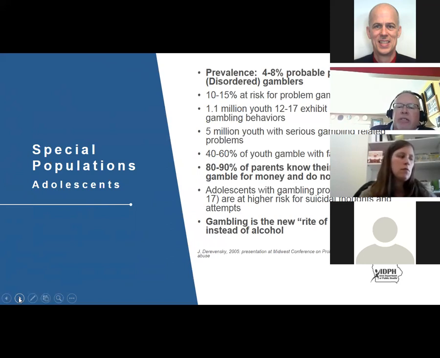Adolescents are very susceptible to gambling issues because it is risk-taking, and adolescents are very risk takers. For those of you just coming out of adolescence, you understand that, and for those of us who have been through adolescence, both ourselves and with our children, we understand what risk-taking is and some of the goofy things we did in our adolescence.